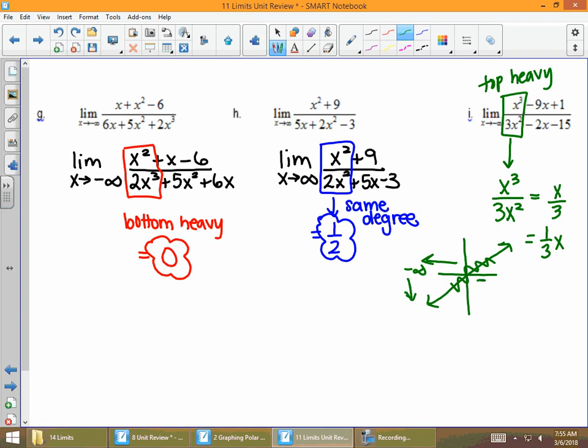And as my x's get really, really big towards positive infinity, my y's are getting really, really big. So now I can't even remember what we were evaluating. We're doing x approaches negative infinity. So my limit as x approaches negative infinity is going to be negative infinity. So I'm looking at this part of the line right here.